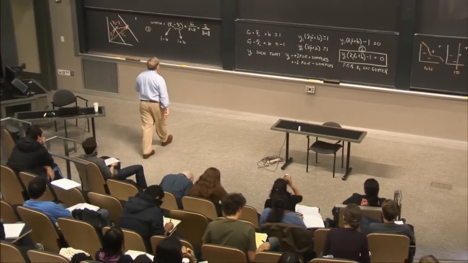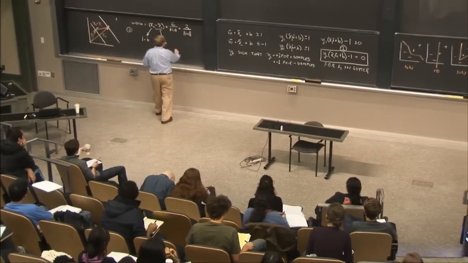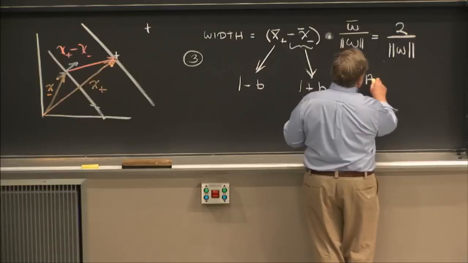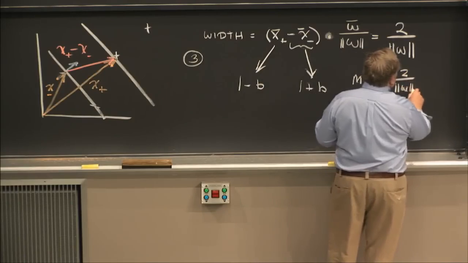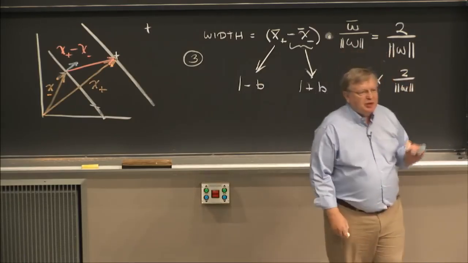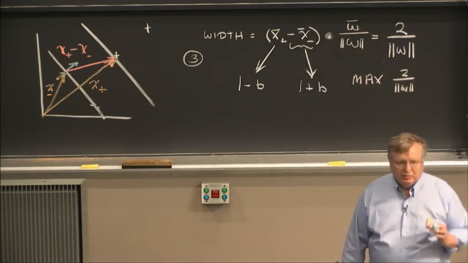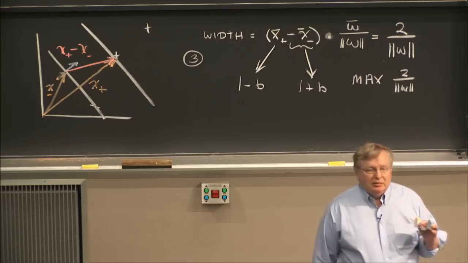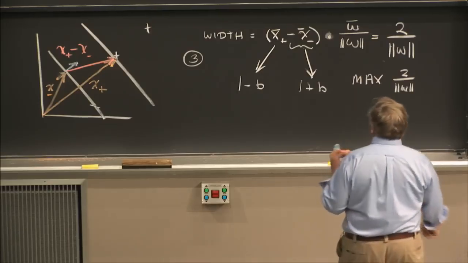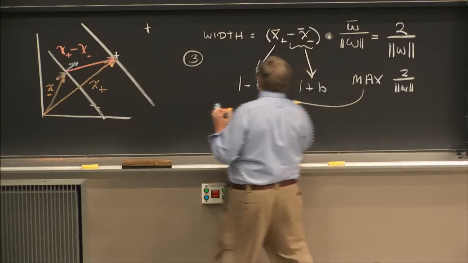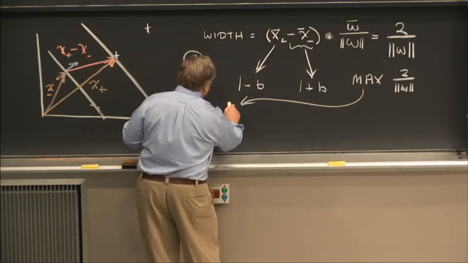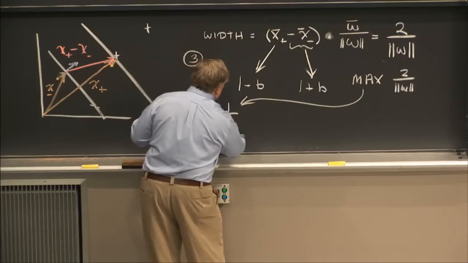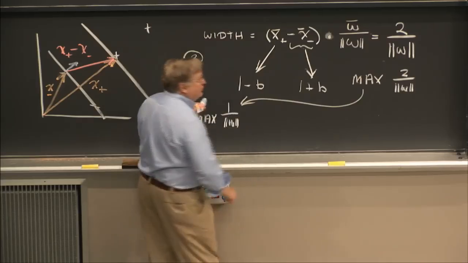So we want to maximize 2 over the magnitude of w if we're to get the widest street under the constraints that we've decided to work with. All right? So that means it's okay to maximize 1 over w instead.